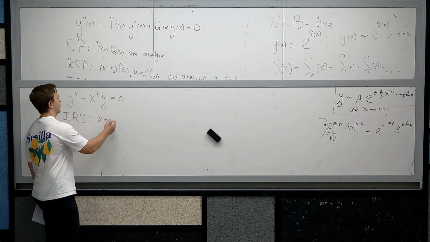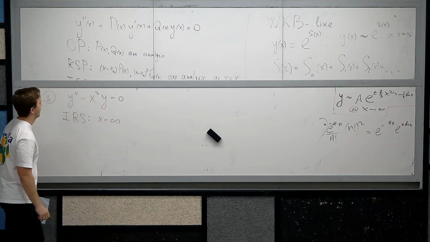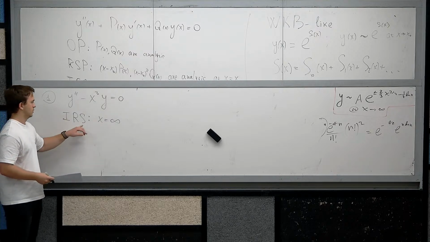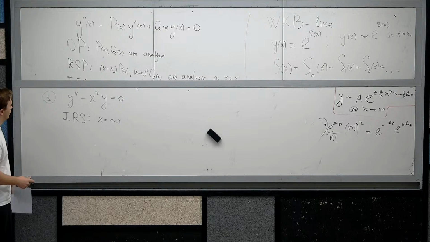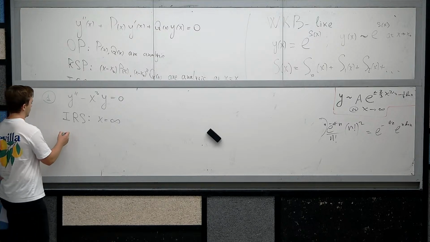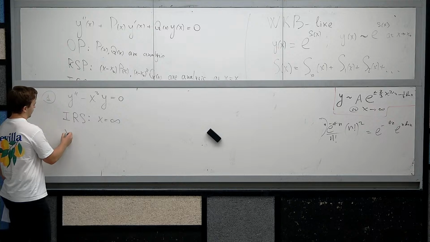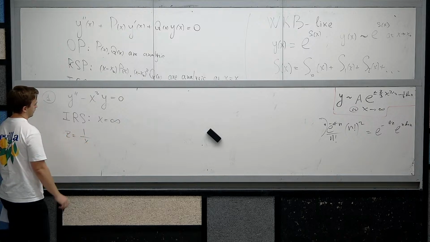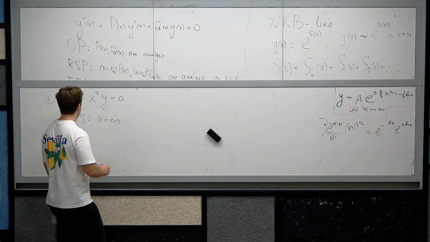Right. So again, just a small proof of how we can understand that this is actually an irregular singular point. We need to do a change of variables. We define z equals 1 over x. Okay.